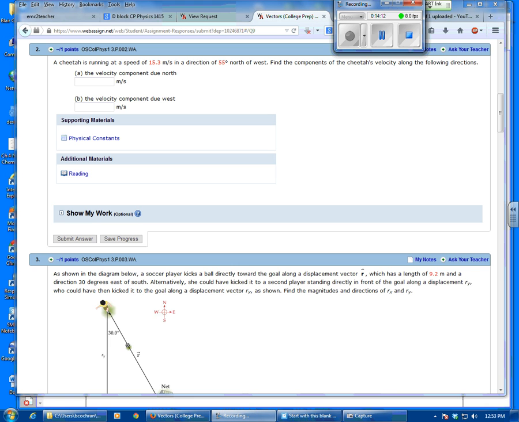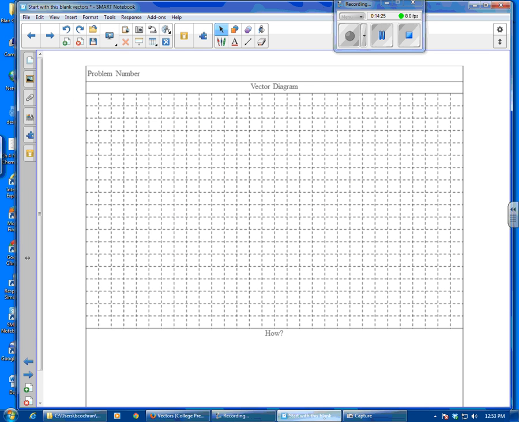So I've got a cheetah that's running at a speed of 15.3 meters per second. So I know that's the magnitude of my vector, and a direction 55 degrees north of west. So I'm going to draw a vector that points at 55 degrees north of west.